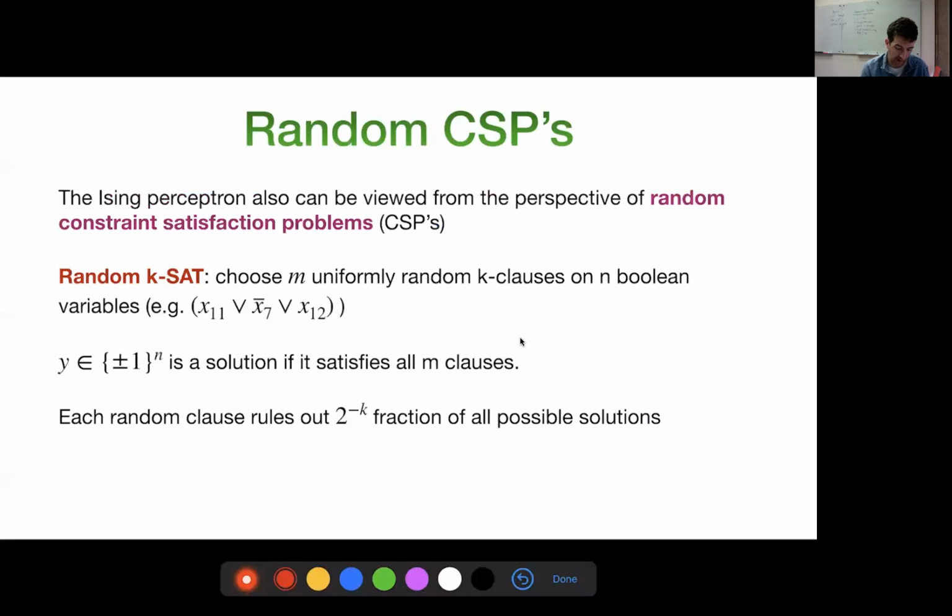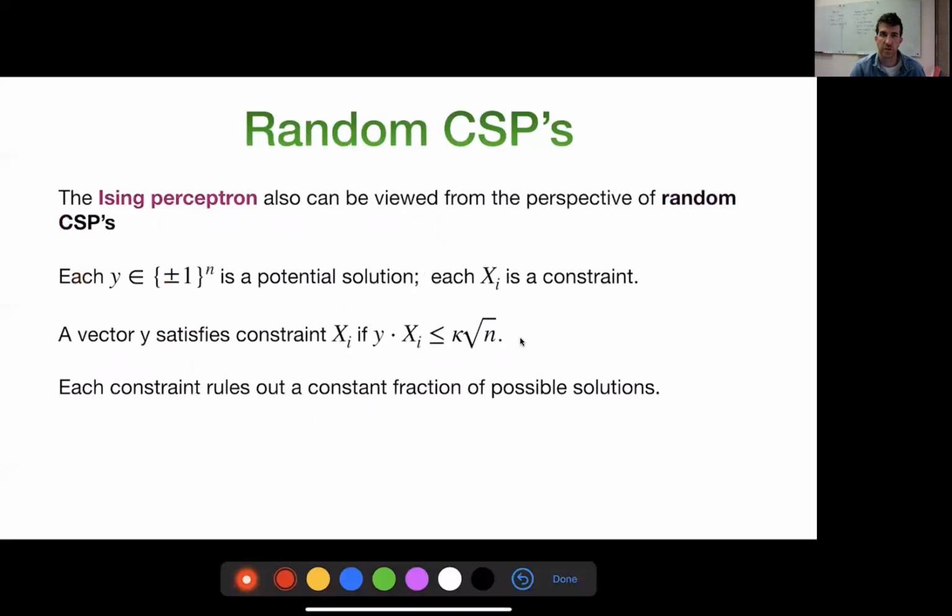So it has width K. And a solution in the Hamming cube is a solution if it satisfies all m clauses. Another way to say this is each random clause rules out a 2 to the minus k fraction of all possible solutions because there's exactly one setting of the k variables that is unsatisfied. And we want to know how many random clauses we can add and still have a non-empty solution space.